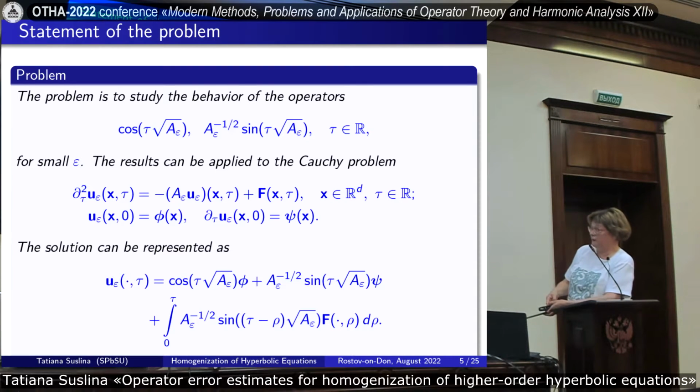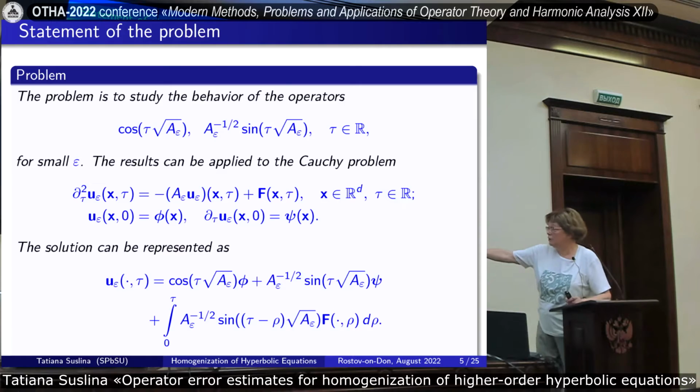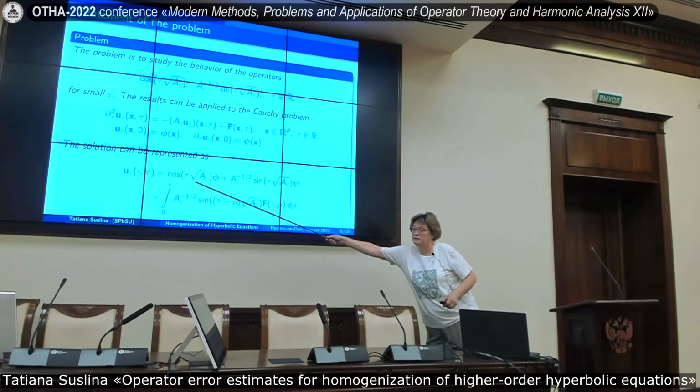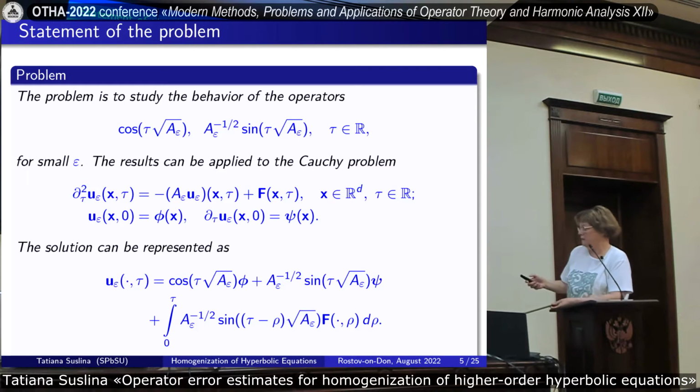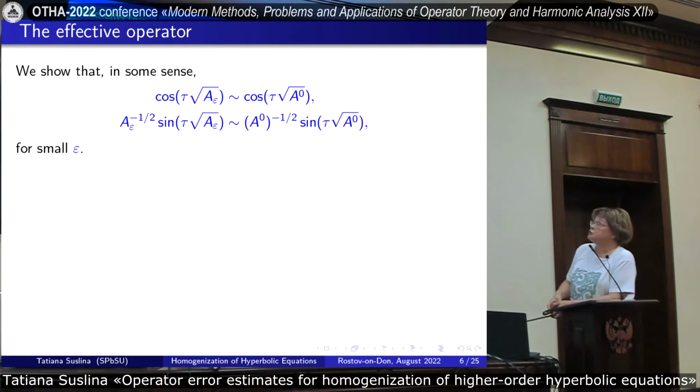It's well known that the solution of such a Cauchy problem admits the following representation, which involves exactly these operator functions. We show that in some sense these operator valued functions of A epsilon behave as the corresponding operator valued functions of the operator A naught.